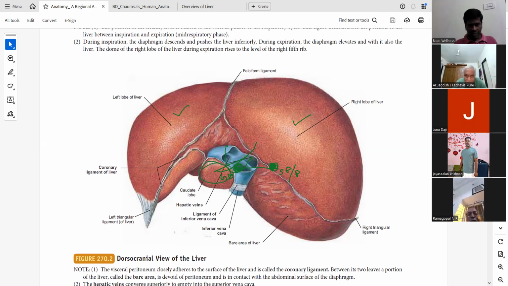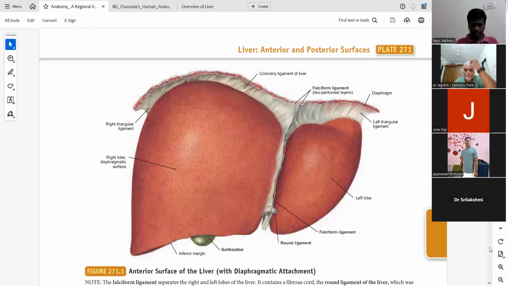And through these ligaments, it is attached to the diaphragm and is kept at its position. So this is the front view.